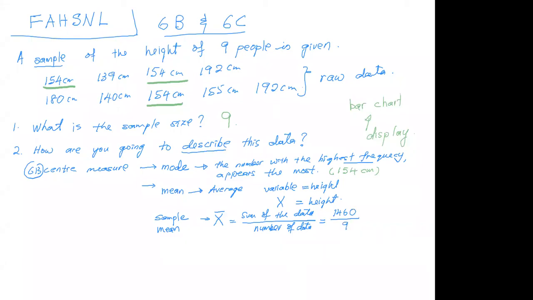So you get 162.222, so 162. Okay, and the way we write this formula, the word sum, we use this symbol to represent.